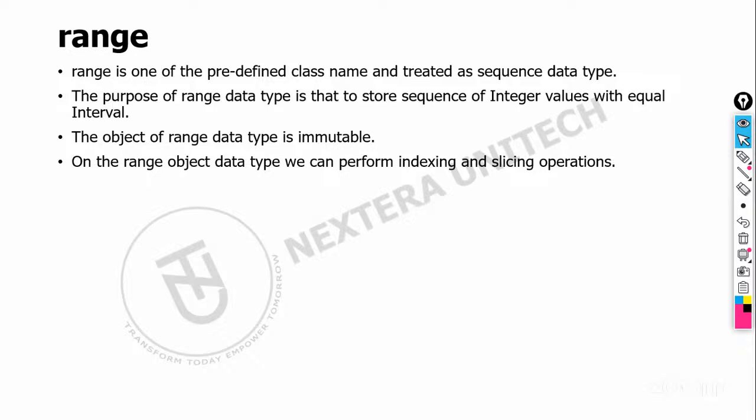Type at least 100 to 200 lines of code. Then you can answer any kind of questions with respect to the range data type. When you work out multiple examples, you can answer any kind of questions. Right, so that's all for the day.